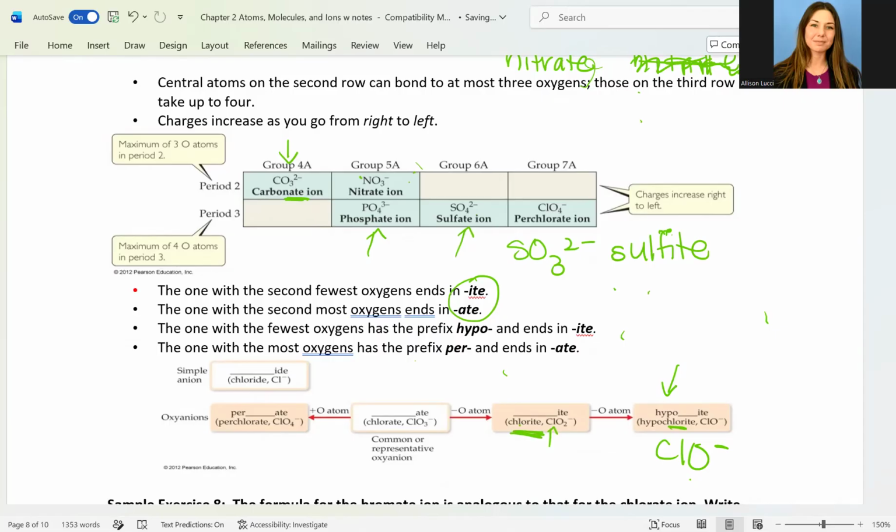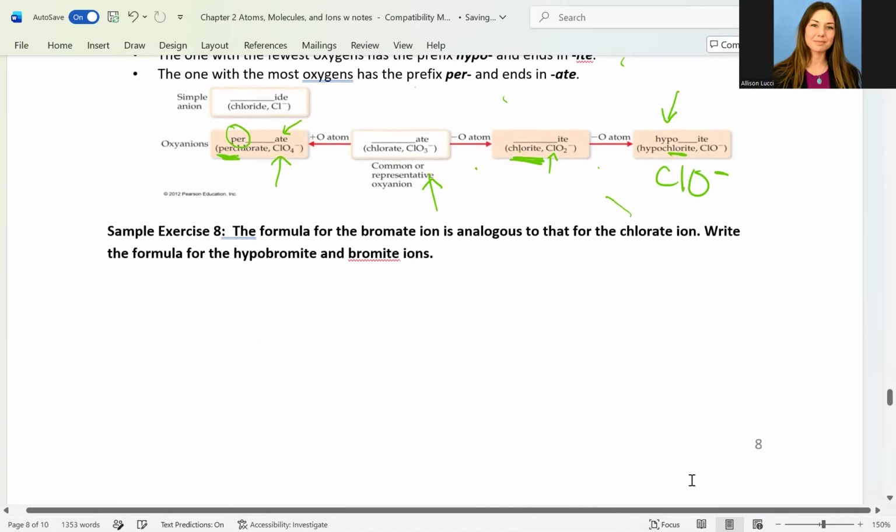We would have hypobromite and then bromite, and then we have the one that ate the extra oxygen here. So now we're up to ClO3. This will be chlorate, or bromate if it was BrO3. And then when we have one extra oxygen beyond chlorate, we would call it perchlorate, for 4 oxygens here. So we add the prefix per, and then that ending to show the higher number of oxygens, ATE. Again, this follows suit for chlorine, for bromine, for iodine, when we have these 4 common ions with the same charge and a varying number of oxygens.